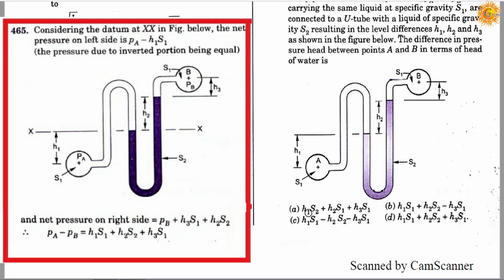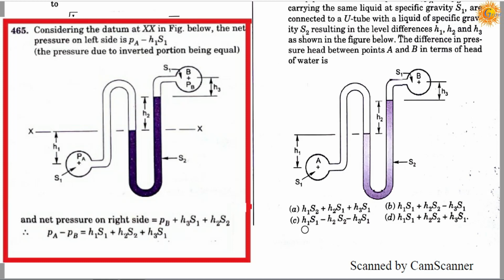So the first option A is H1 S2 plus H2 S1 plus H3 S1, and option B is H1 S1 plus H2 S2 minus H3 S1.